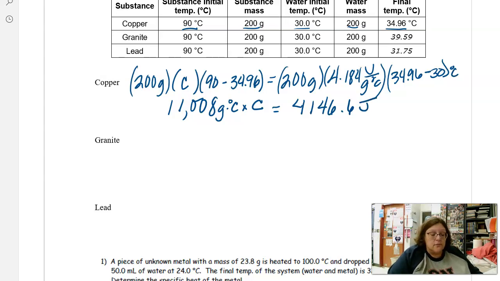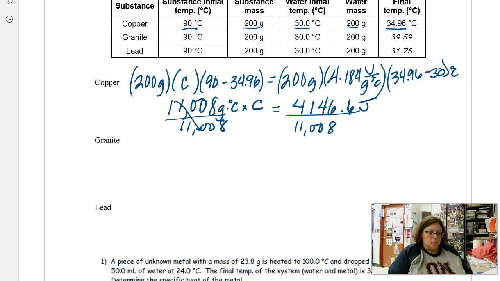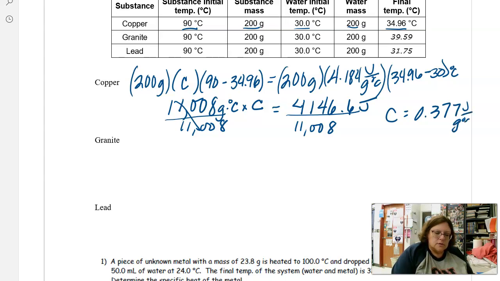Now we want to solve for specific heat, so we're going to divide both sides by 11,008. 4,146.6 divided by 11,008 gives me a specific heat of 0.377 joules over grams degrees Celsius.